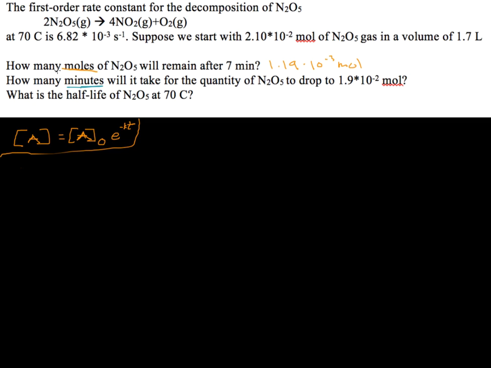So let's see, we can take the concentration of A over the initial concentration, and A just is N2O5 in this case. I could probably write it as the concentration of N2O5, the final concentration over the initial concentration. It's the same as in the last problem I did.